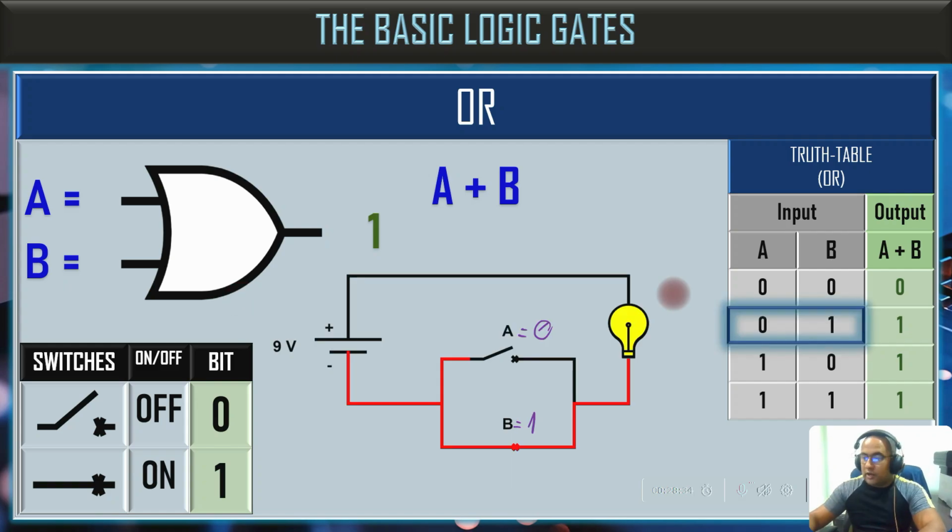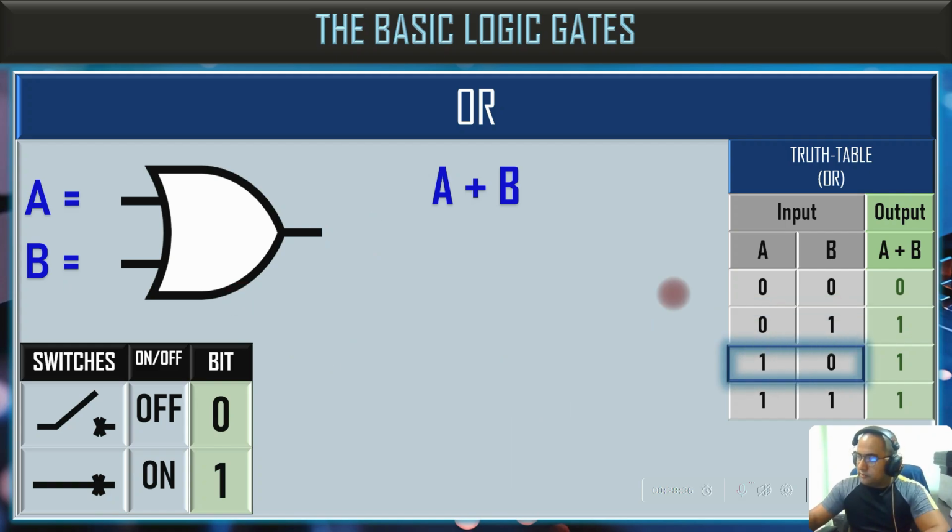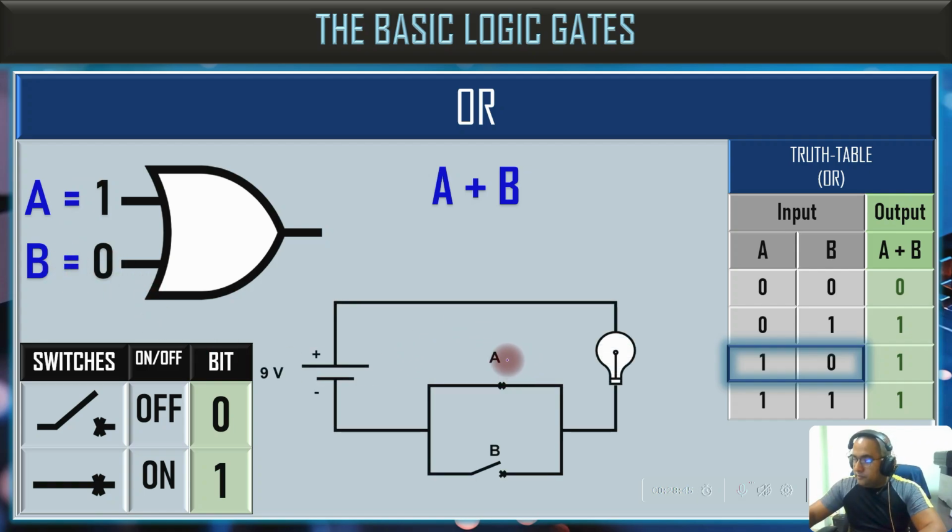Okay, guys, let's try the third input combination, 1 OR 0. Input A equals 1, input B equals 0. That's like saying switch A is on and switch B is off. So I ask you again, when the current comes from the power source, will the light bulb turn on? Let's find out.